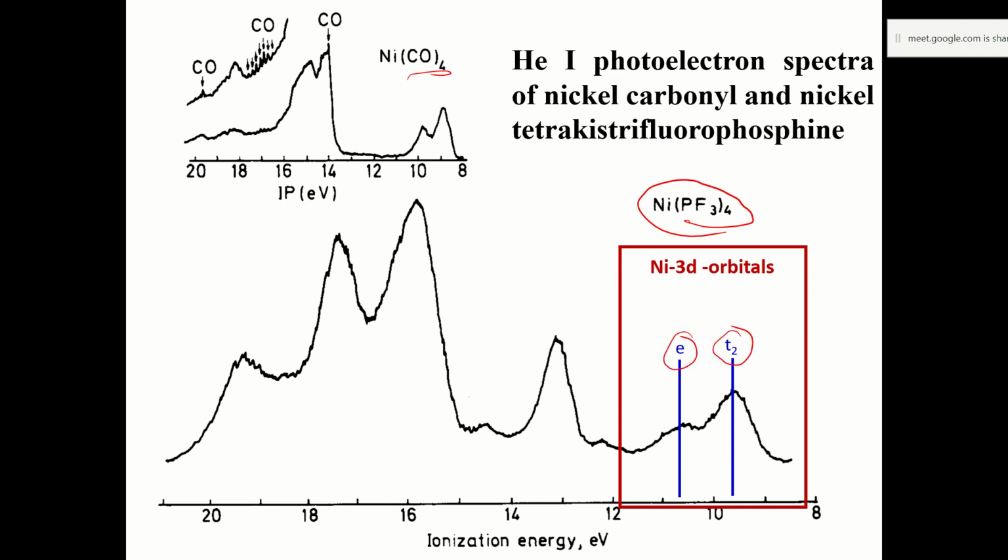Now in the tetrahedral state of nickel, what is the number of electrons in the d orbitals? 3d8. So you have electrons in T2 and E. In this case, electrons are ionized from the T2 orbital, and electrons are ionized from the E orbital.